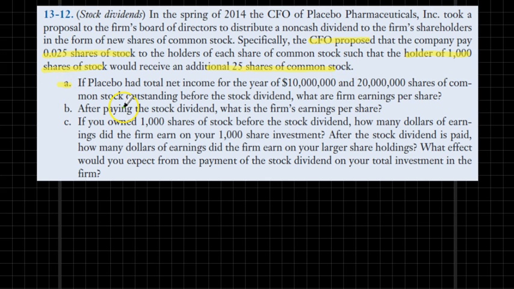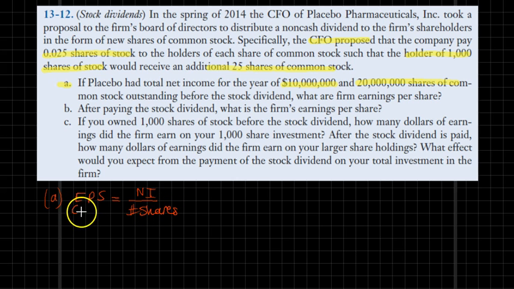In part A, if our company had total net income of $10 million during the past year and currently has 20 million shares outstanding before the stock dividend, what are the firm's earnings per share? Let's quickly do this calculation. Earnings per share is equal to net income divided by number of shares.